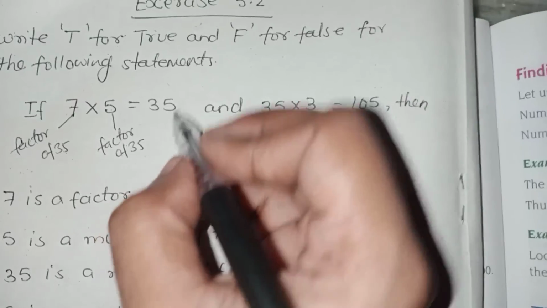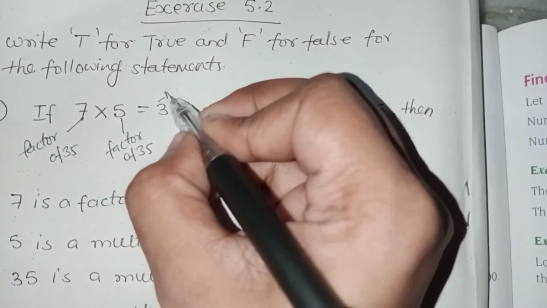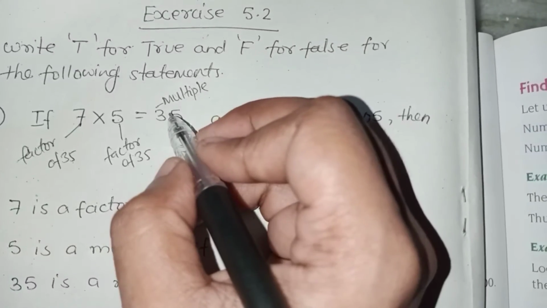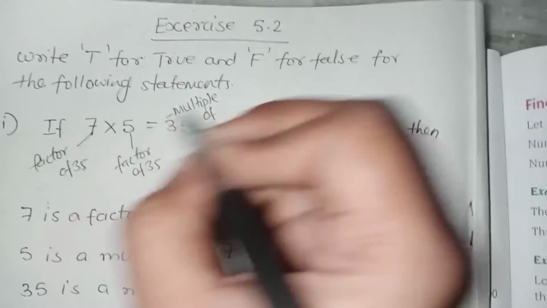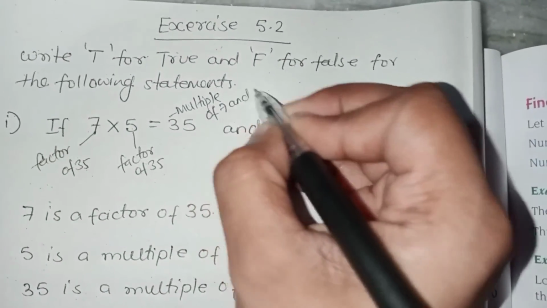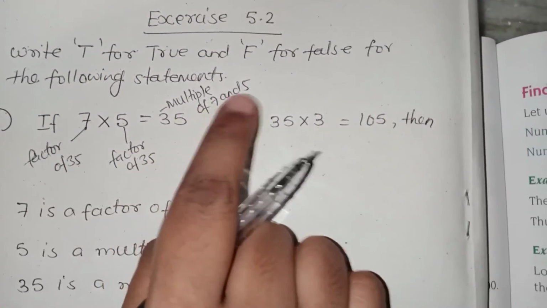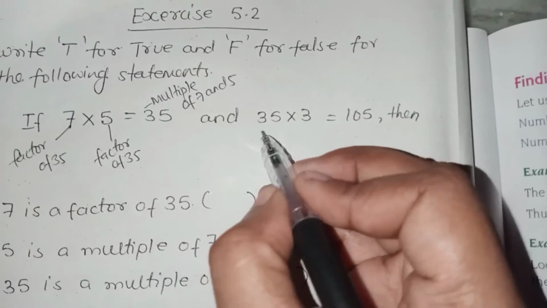And 35 is what? It is a multiple. The product obtained is a multiple of what? 7 and 5. So 35 is a multiple of 7 and 5.